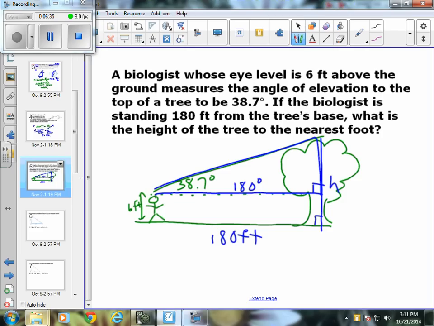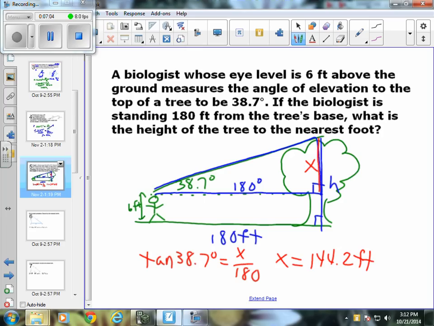So I'm going to call this part in this triangle right here the x. So I want the opposite side. I know the adjacent, so that's tangent. So the tangent of 38.7 is equal to x over 180. Just multiply, and we'll get our x, which is, let me find my number here, looks like 144.2, and that would be in feet.